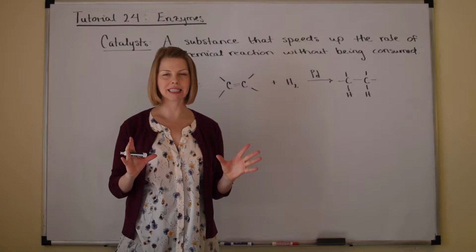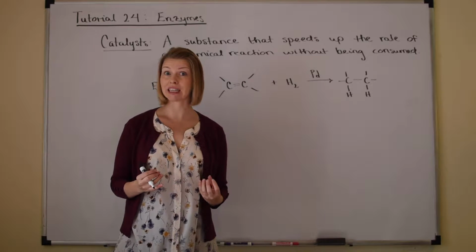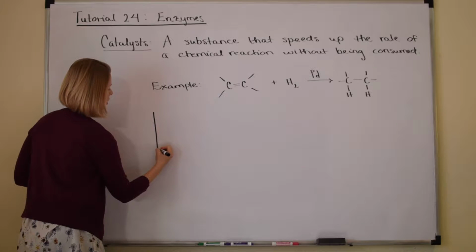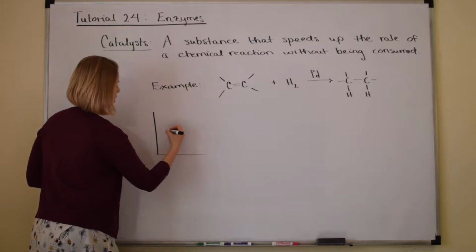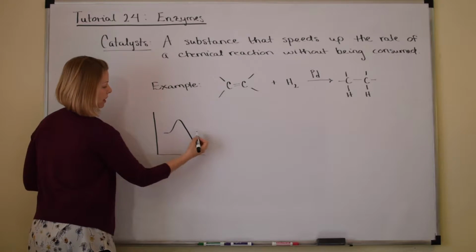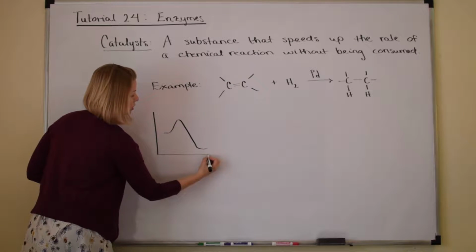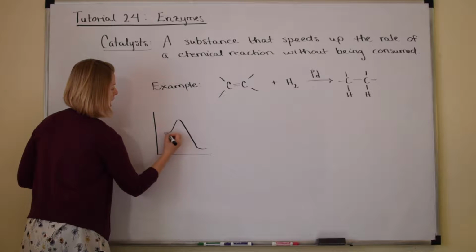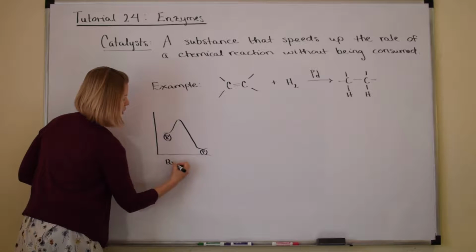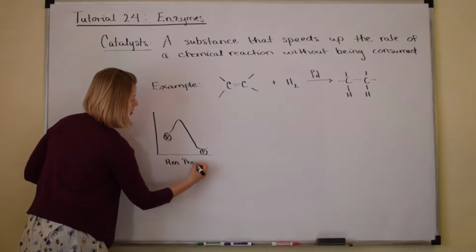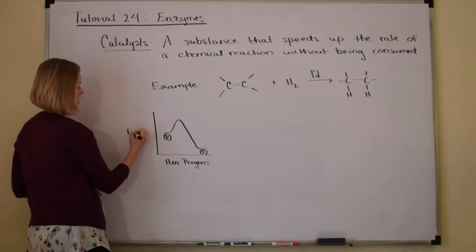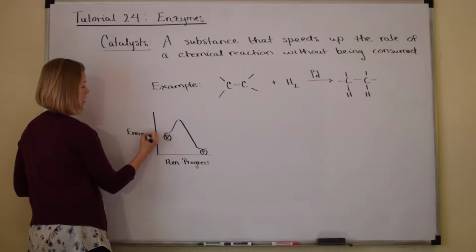We were not quantitative about it at all, we were very qualitative, but in general we can show a reaction where reactant is converted to product, and I'll make it an exergonic reaction just because. So this will be our reactant, this is our product, this is the reaction progress, and this is showing the energy.